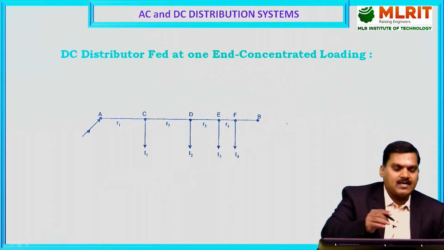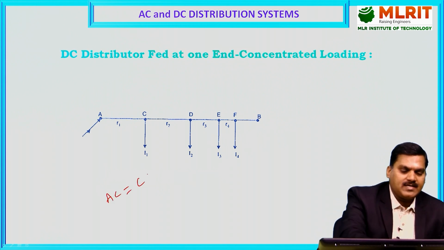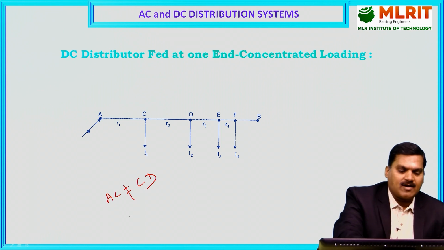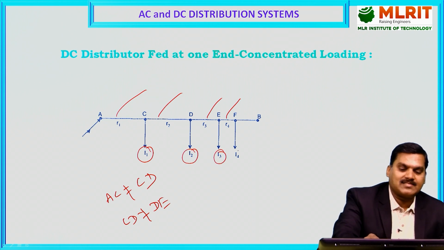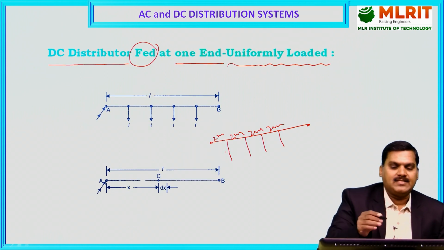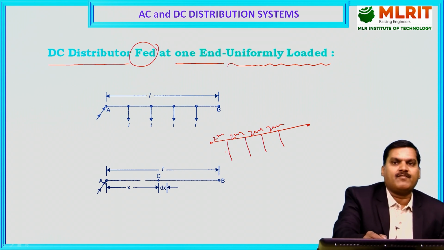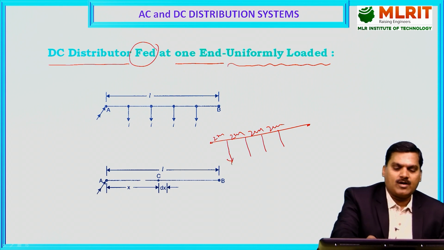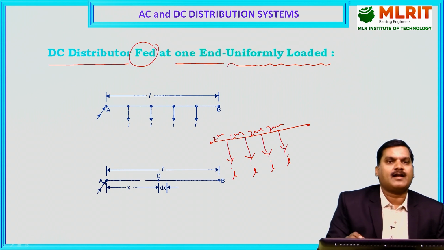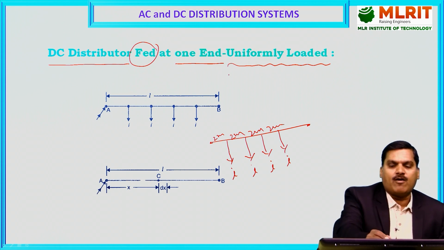In the previous case the AC distance is not equal to the CD distance, and CD is not equal to DE. Those are different distances with loads at different levels, whereas in this case, for every 2, 3 or 4 meters, you can take any interval, it is loaded with a regular uniform loading system. Equal loads are connected at regular intervals. That is the uniformly loaded system.